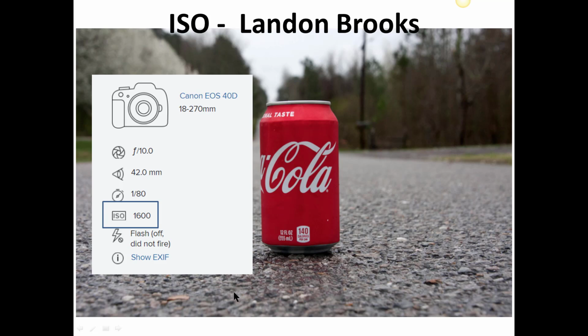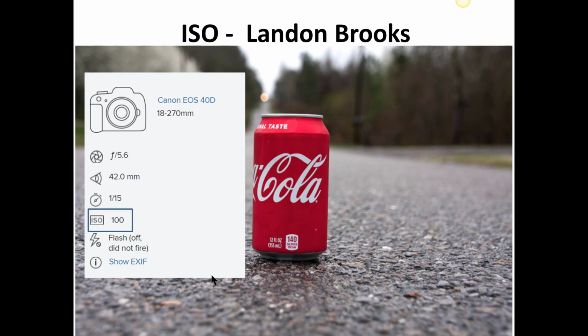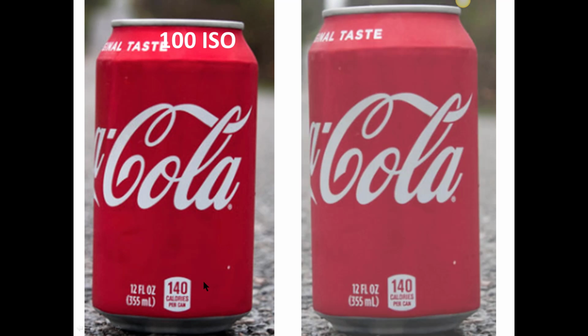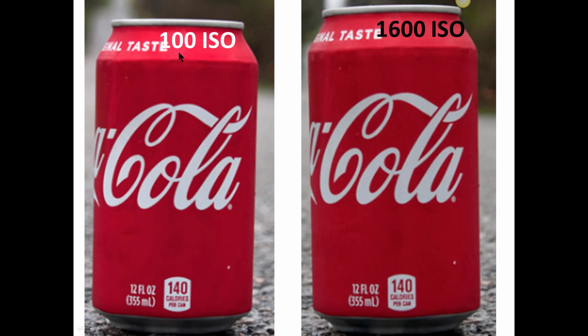So is there a difference between the two shots? It's pretty subtle, isn't it? But if you take them and enlarge them and put them side by side, here's the 100 ISO shot and here's the 1600.